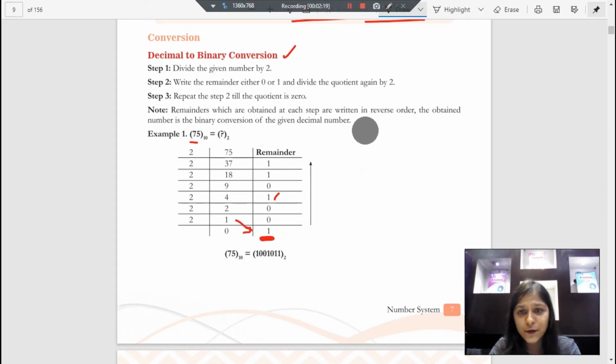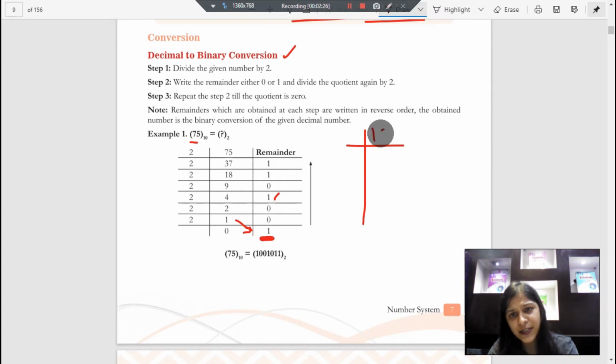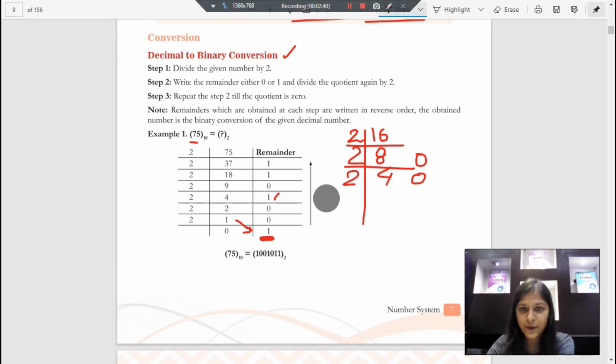For example, if we have 16, right? Now what we will do, I'll divide it by 2, 8, 0 remainder, 4, 0 remainder, 2, 0 remainder, 1.